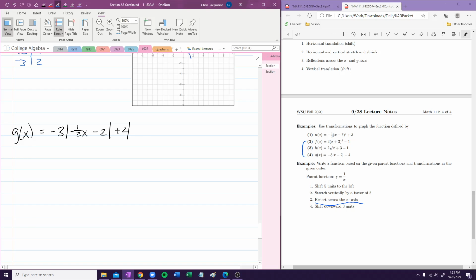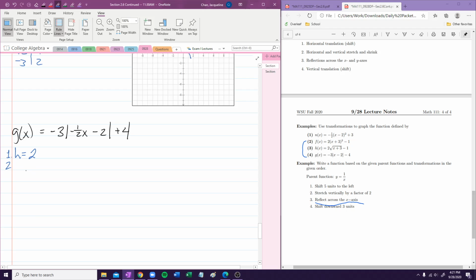So again, list what we know. Horizontal is the stuff inside. So my horizontal this time is positive 2 because I have this minus. Remember, it's not intuitive, do the opposite. The difference here is that we have a horizontal and a vertical stretch.